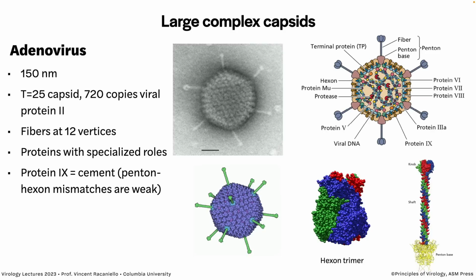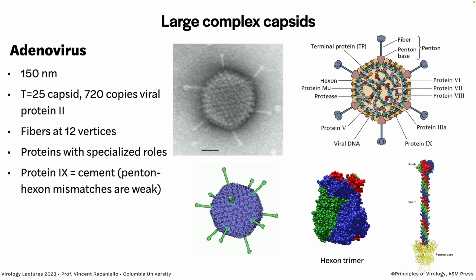So we can make even bigger capsids, and then we have other proteins involved that have specialized roles. This is adenovirus, which is 150 nanometers now. So remember, we started with a Parvovirus at about 20 nanometers. Now we're 150. It's a T equals 25 capsid. And so it's an icosahedral shell, as you can see in this electron micrograph.